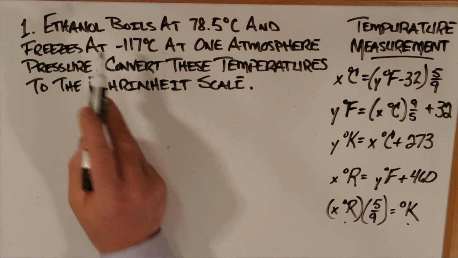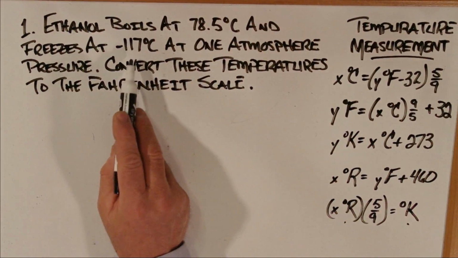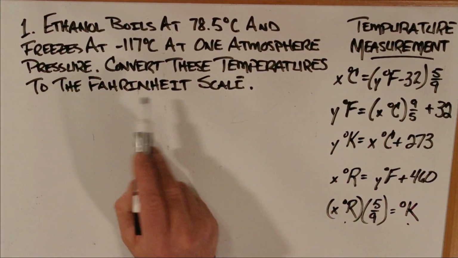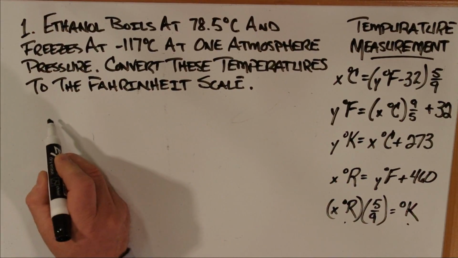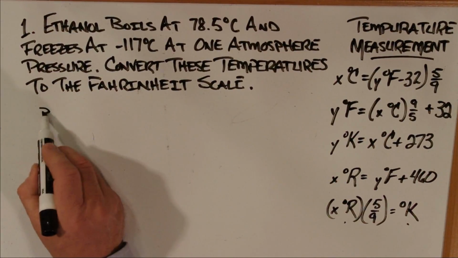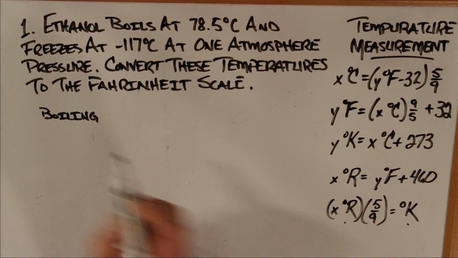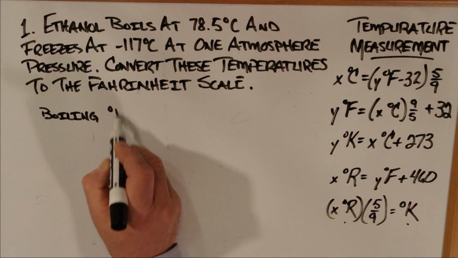Our first problem: ethanol boils at 78.5 degrees centigrade and freezes at negative 117 degrees centigrade at 1 atmosphere pressure. We're asked to convert those temperatures to the Fahrenheit scale, and in order to do that, we will use the second relationship that we're given on the right hand side.